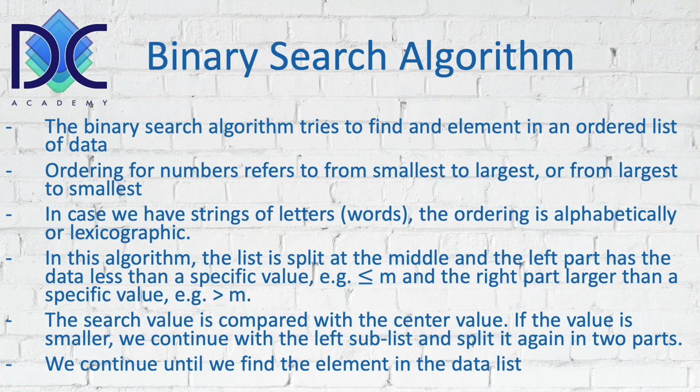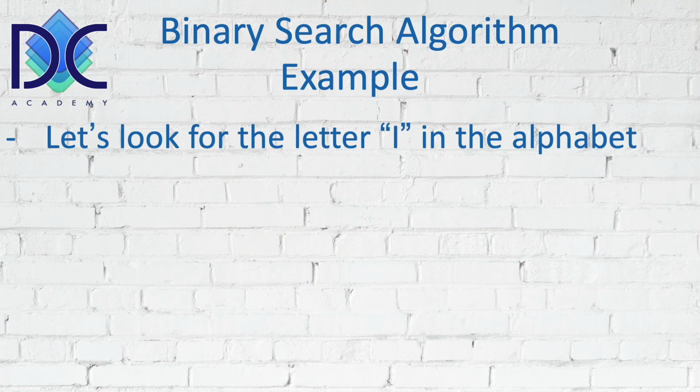This is a very interesting thing, because the binary search algorithm makes our search a lot faster, but there are better algorithms than this. Let's look for the letter I in the alphabet.